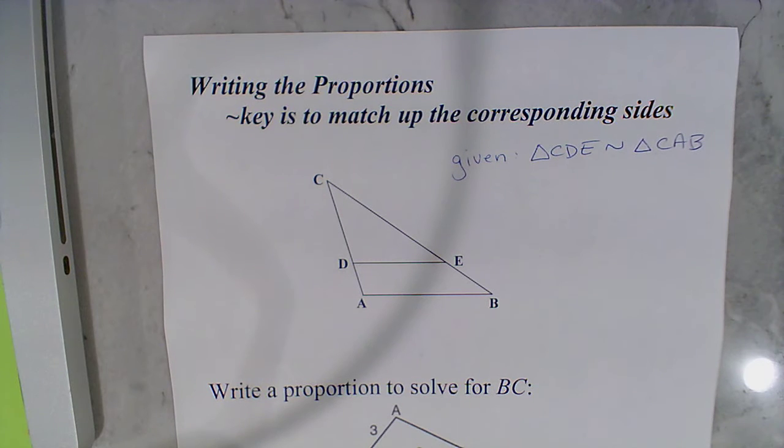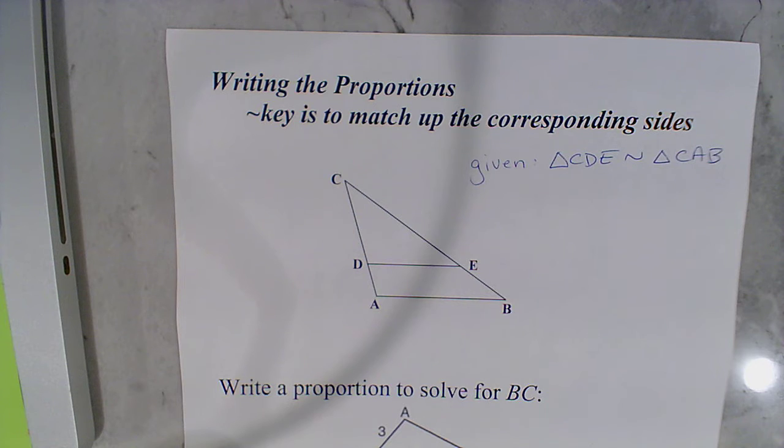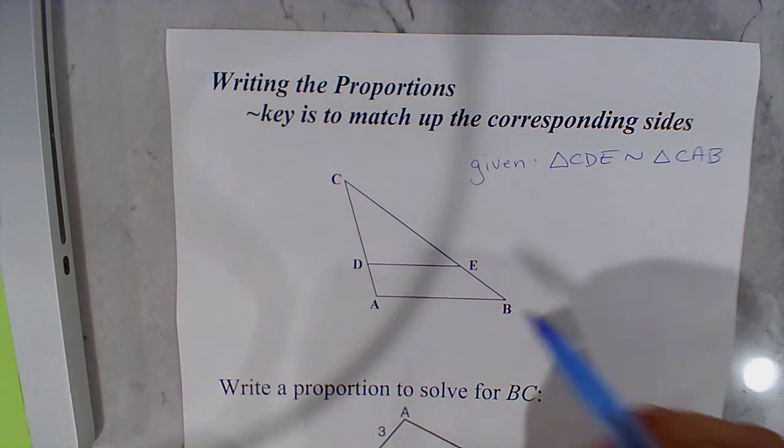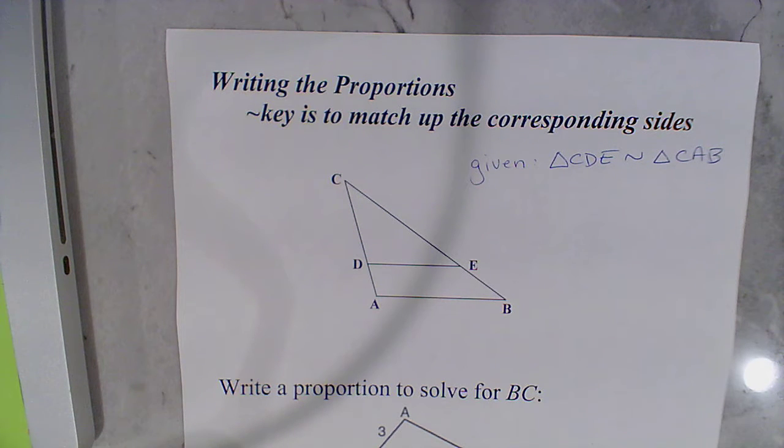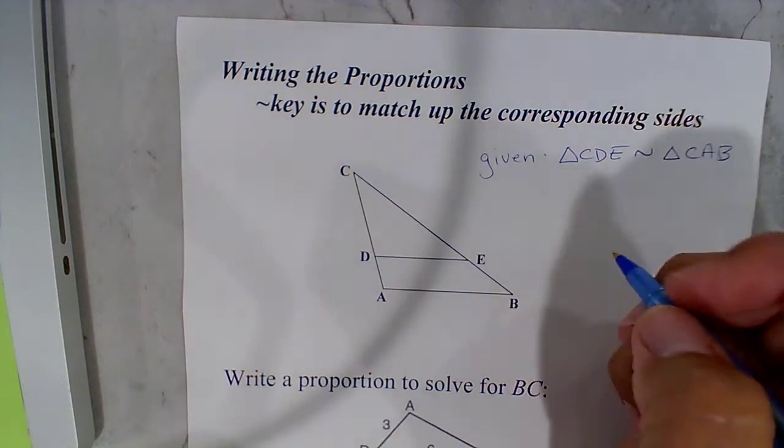Now that you know the triangles are similar, you can say, then I know the sides are in proportion. There are a bunch of different valid proportions here, so you have to make sure you're writing one that makes sense. Ordinarily, I'd have an x somewhere, or I'd be saying, solve for side AB. I'm not going to say that right now because I want to talk about the theory.